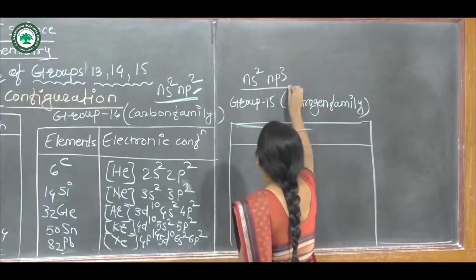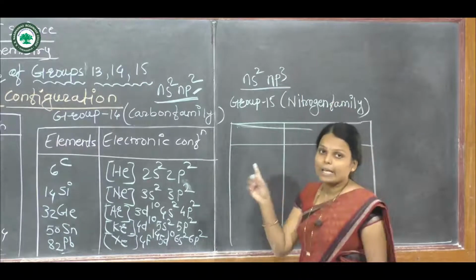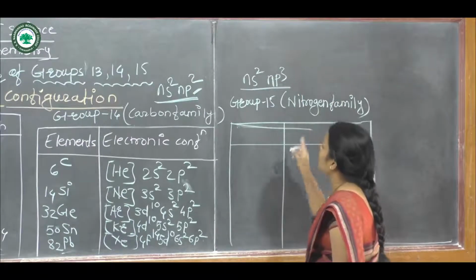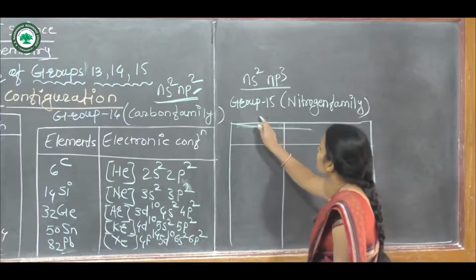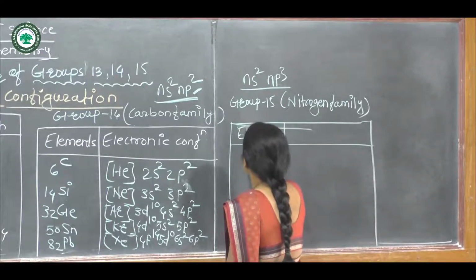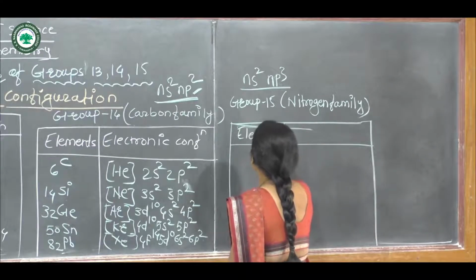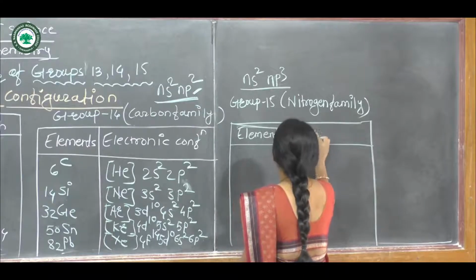Now in the p orbital, 3 electrons are filled. This is group 15, the nitrogen family. Here are the names of the elements, and here is the electronic configuration.